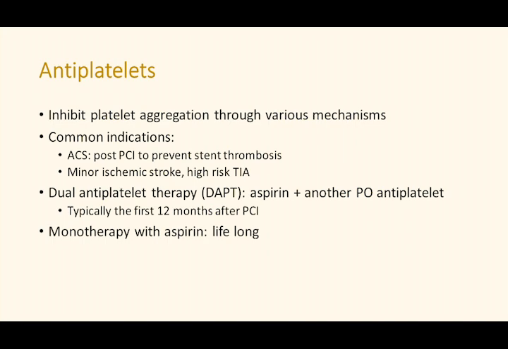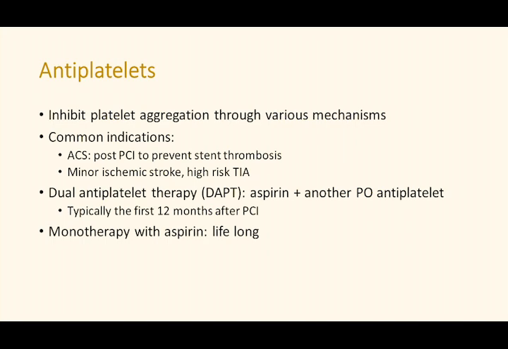When we hear dual antiplatelet therapy, or DAPT, that usually means aspirin in combination with another PO antiplatelet, say Plavix, Brilinta, or Effient. Typically, a patient would have to be on dual antiplatelet therapy for the first 12 months after getting a stent.